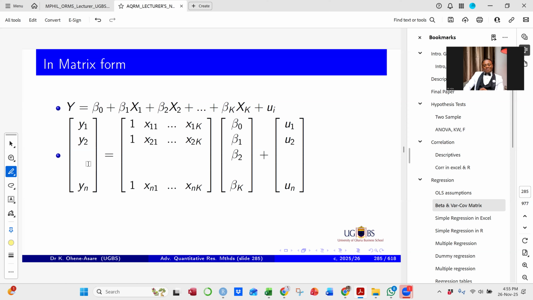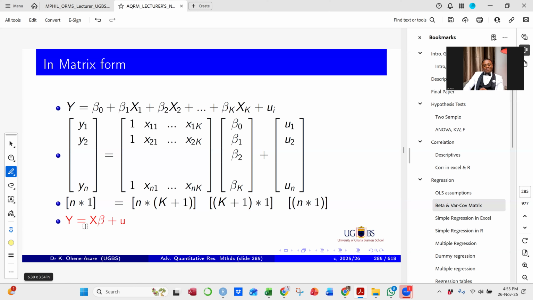And then I will now compress them. Okay. So remember, this is an n by 1 matrix. This is an n by k plus 1 matrix, a k plus 1 by 1 matrix, and an n by 1 matrix. So, by now you should know a lot about matrices that we discussed. But the key point is that these are matrices that can be compressed into that.